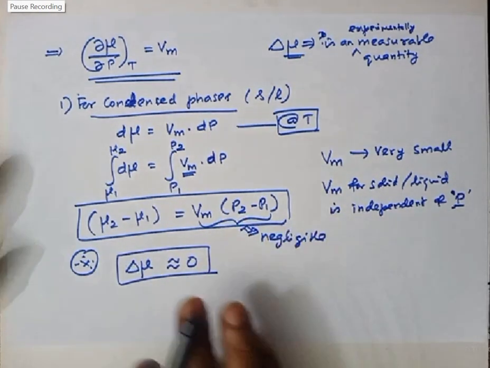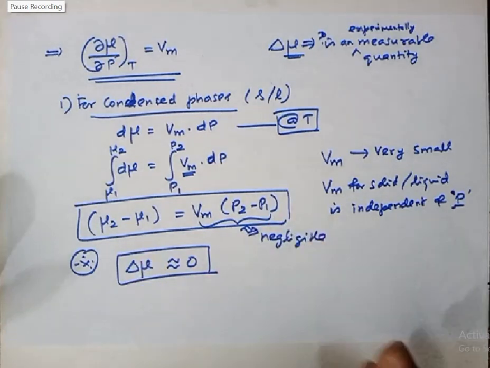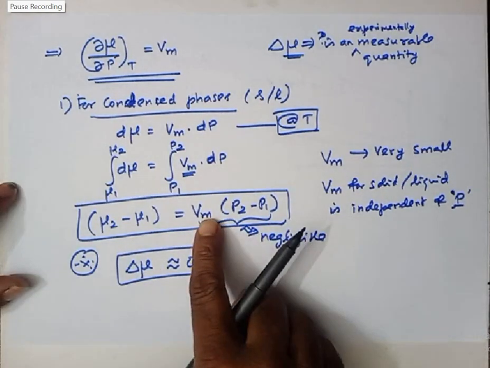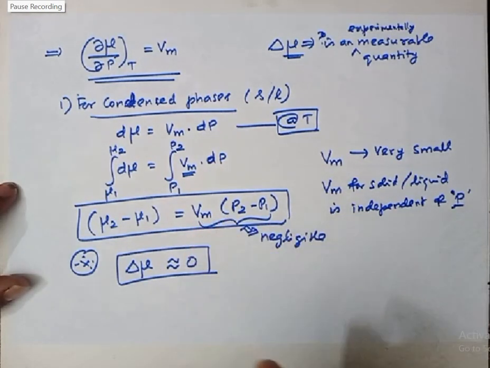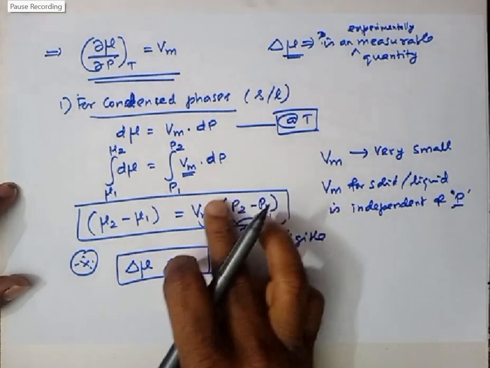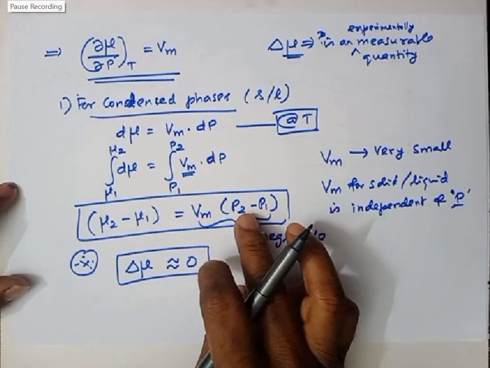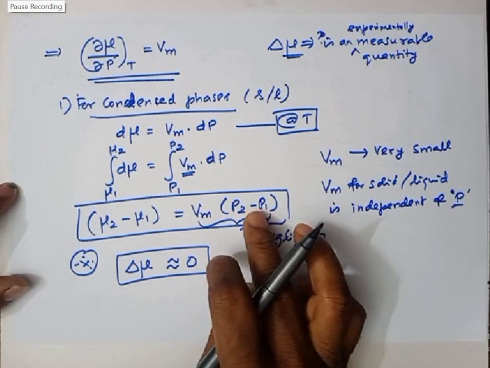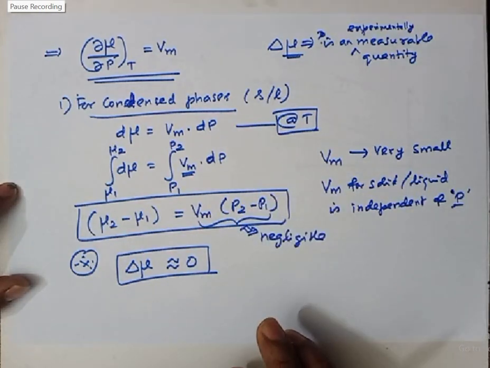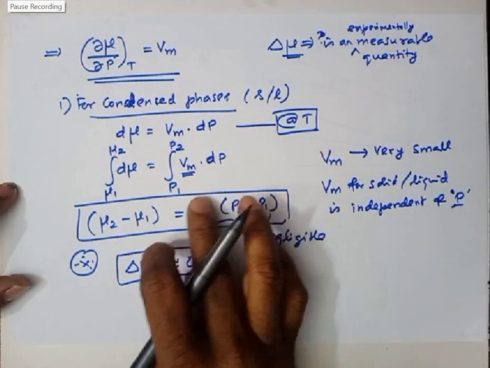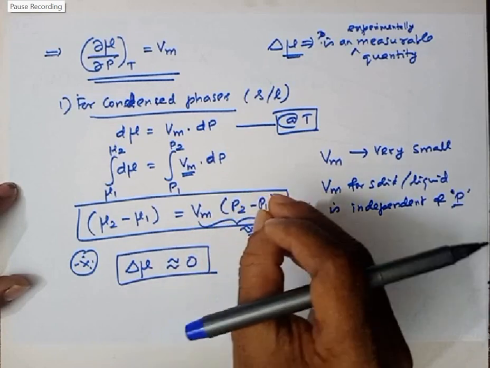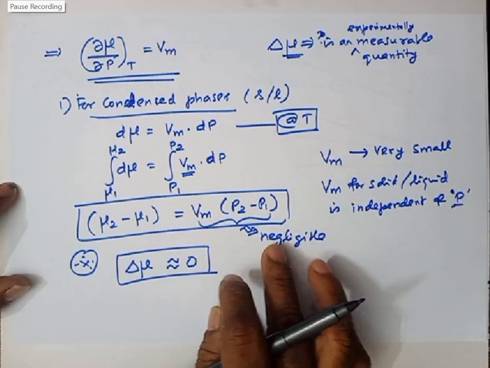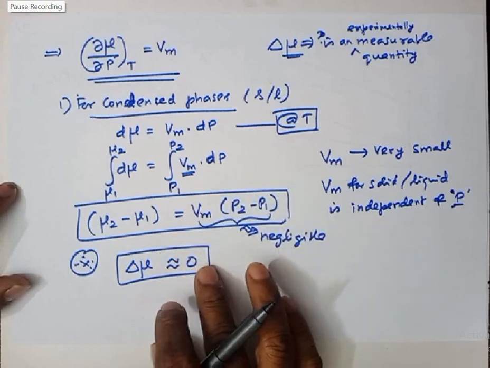Close to 0, it's not exactly 0, it's almost 0. Why? Because molar volume for solid and liquid is very, very low. So on this right hand side, even if P2 minus P1 is small, this product is very, very small. So we can neglect this. If we neglect it, it is close to 0.